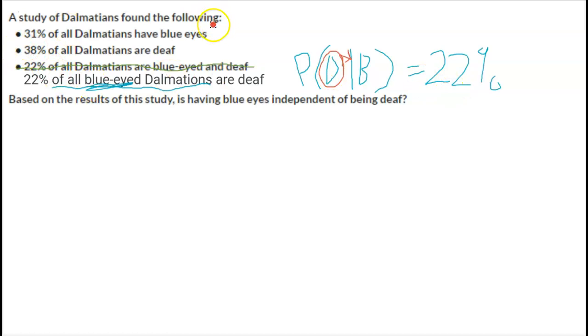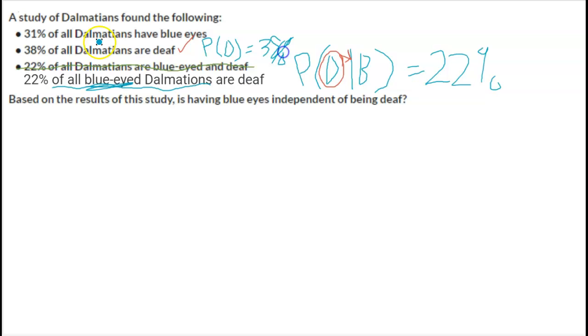And look at these two facts up here, right? This one is the one that we want to look at because this is the probability without conditions, what I've been calling the unconditional probability of deafness. This says the probability of deafness under no listed conditions is equal to 38%.